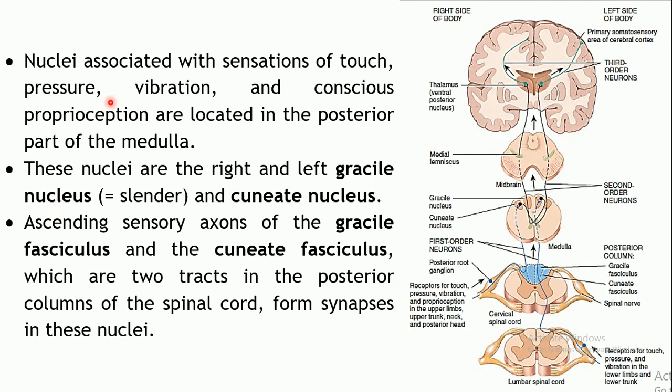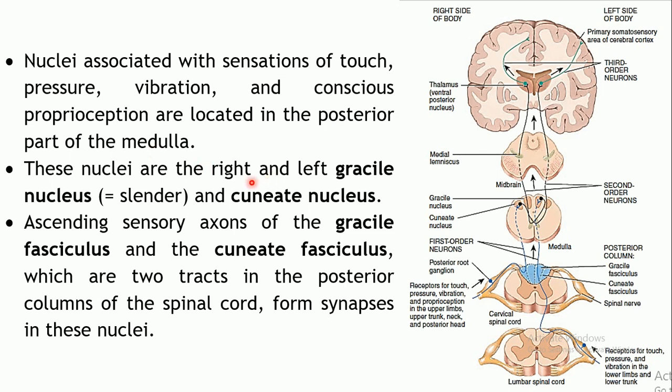And apart from this, there are also nuclei present which are associated with the sensation of touch, pressure, vibration, and conscious proprioception, that is the position of the body. So these are located in the posterior part of the medulla.